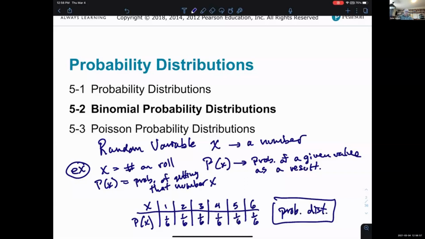Okay, so imagine as we move forward, when we're talking about a probability distribution, and then we start to talk about a binomial one in particular, that you're going to have a list of numerical possible outcomes, 1, 2, 3, 4, 5, 6, something like that. And in each case, there's going to be a likelihood that that number is the one that you get when you perform some experiment or some procedure. Okay?